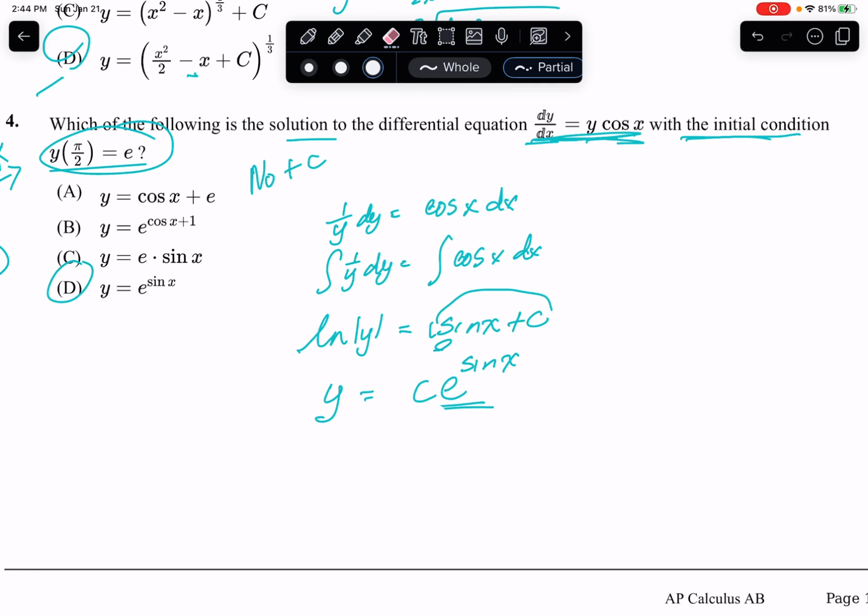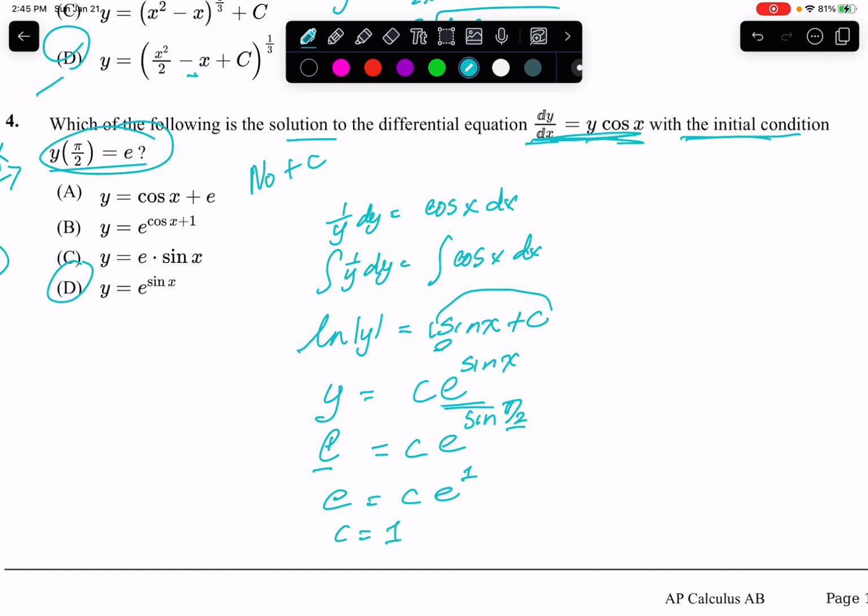So we use the point that they gave us. e equals c times e to the sine pi over 2. So substituting e for y and pi over 2 for x, I get e equals c e to the 1. So c is equal to 1 because if I divide e by e, I get 1.